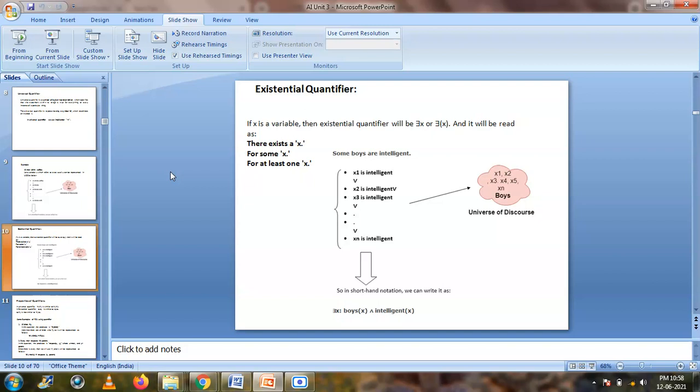Some boys means a few boys are intelligent, and others are also boys, so our brain imagines all the boys are present. This is called the existential quantifier. The shorthand notation we can write as there exists x, boys of x and intelligent of x.